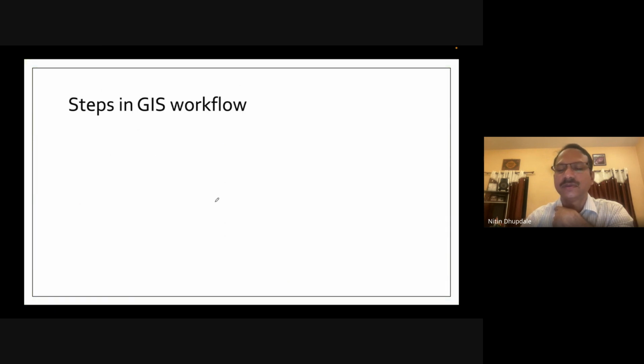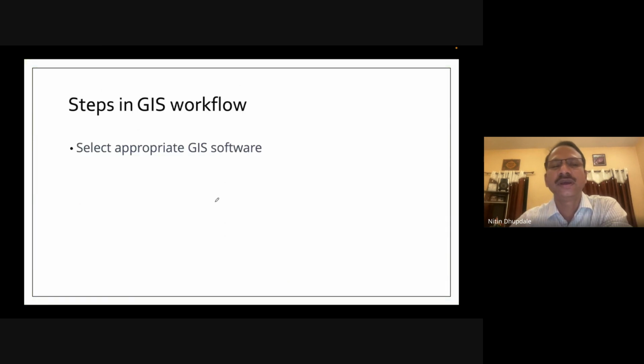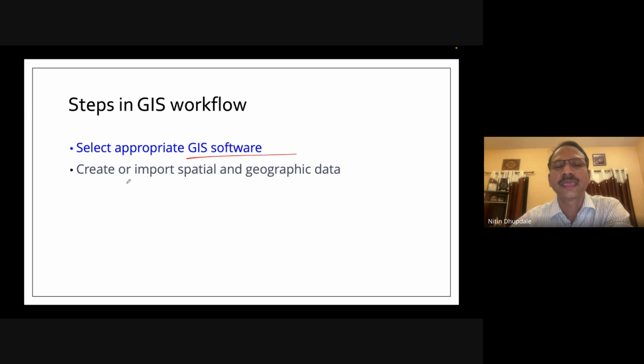These are the steps involved. We decide what software we're going to use for GIS. Then we can collect the information. We can create the data by collecting information, or we can use existing spatial data.